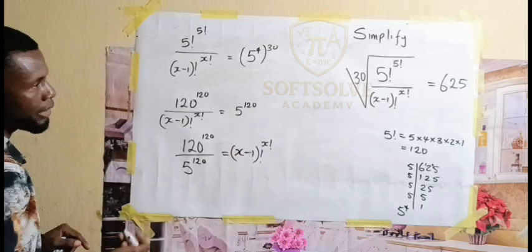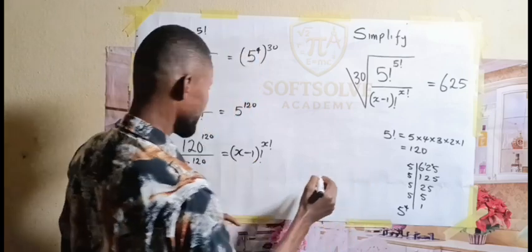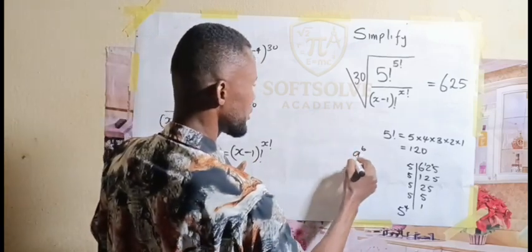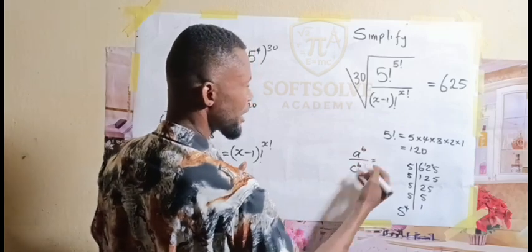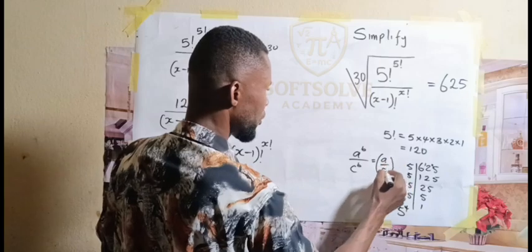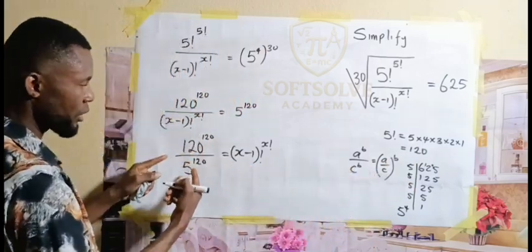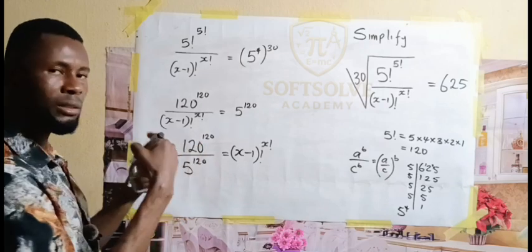Now from indices, we know that if I have a to the power of b and c to the power of b, since their powers are the same, we can factor the powers out to be a over c all to the power of b. We do the same thing here, because we have 120 and 120 as a power.